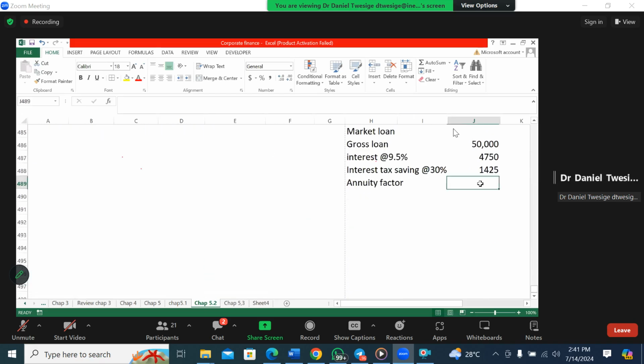So for our annuity factor, are we using 25 years? Because the project is 25 years. So we are going to use 25 years of the project. Why not 20? 20 is the loan, but the project is 25 years. The loan is not telling us how long the market loan is going to be given.